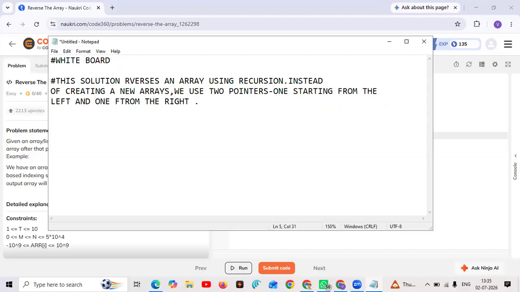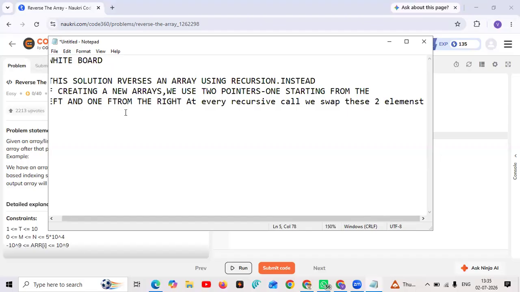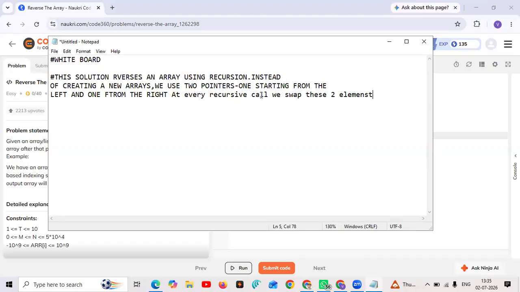At every recursive call, we swap these two elements. Okay, swap the two elements. So at every recursive call, we swap these two elements.